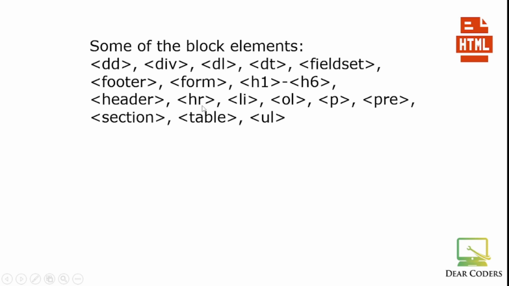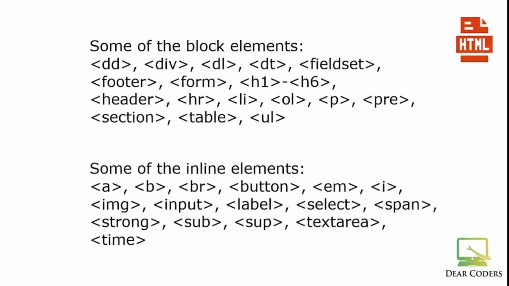And for inline elements, there are button, span tag, then subscript, superscript. When we are creating a select option in the form, we have the select tag. You can make a note of these tags, which are block level elements and which are inline elements.